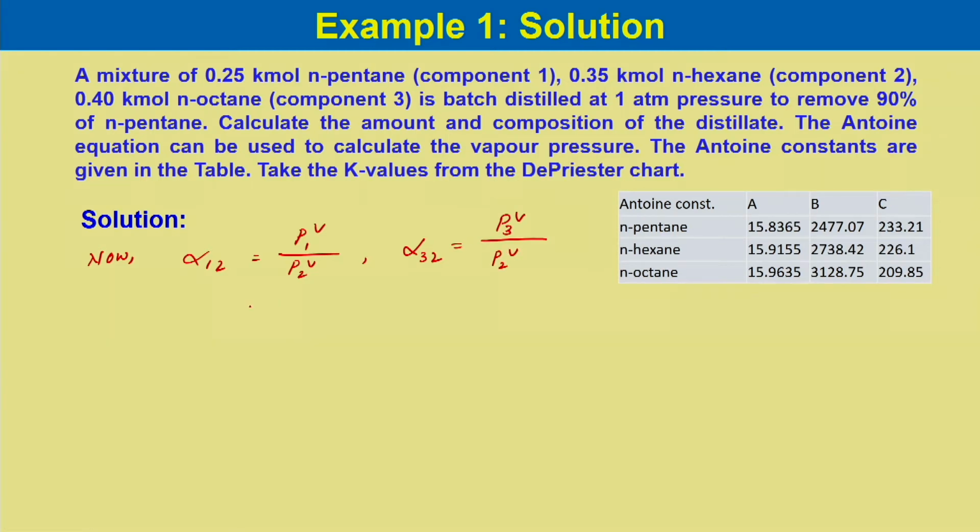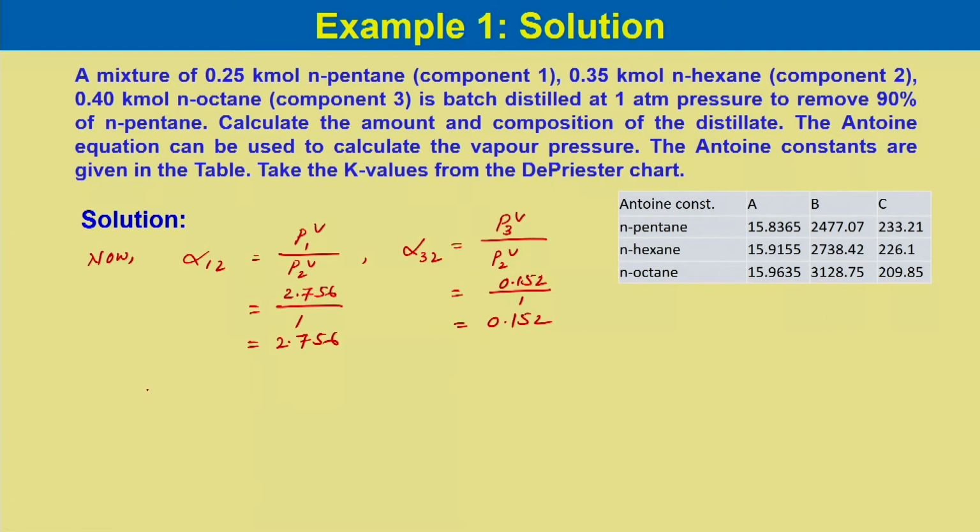So, if we substitute the values of vapor pressure we have obtained, it would be 2.756 divided by 1, and this would be equal to 2.756, and 0.152 divided by 1, which is equal to 0.152.